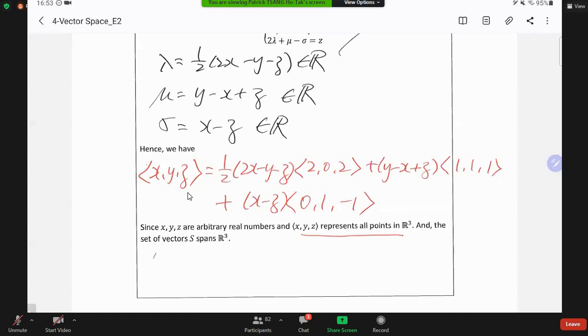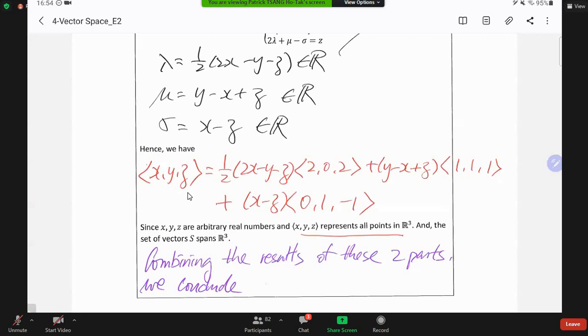Combining the results of these two parts, we can conclude that the set capital S is a basis for R3 space. All right, so far so good.